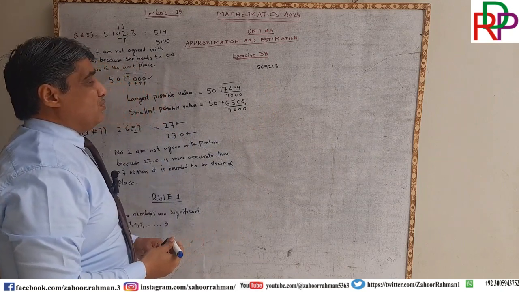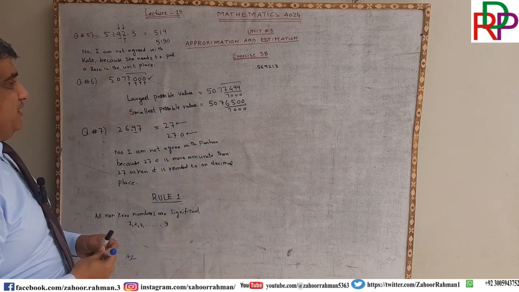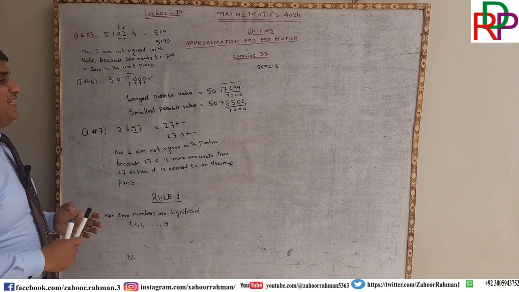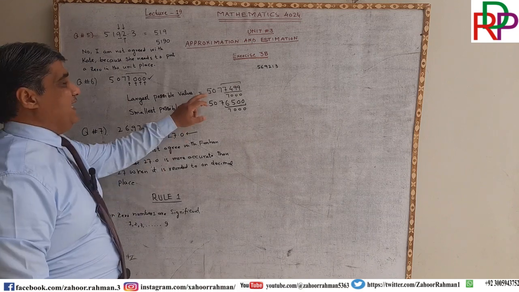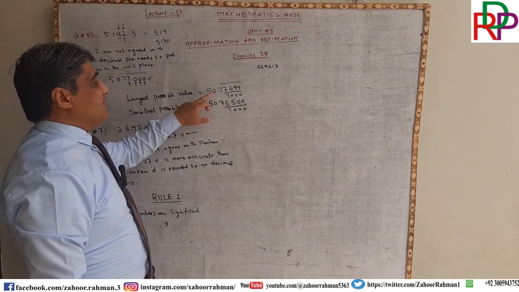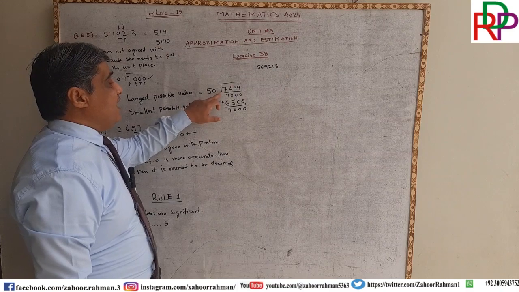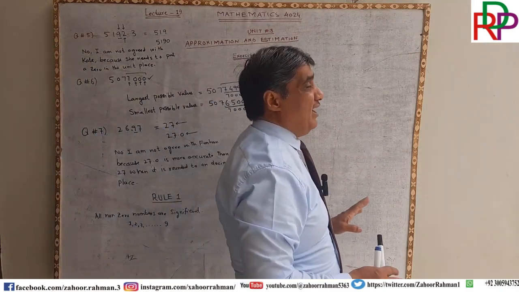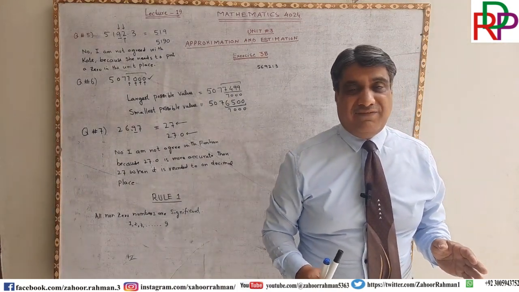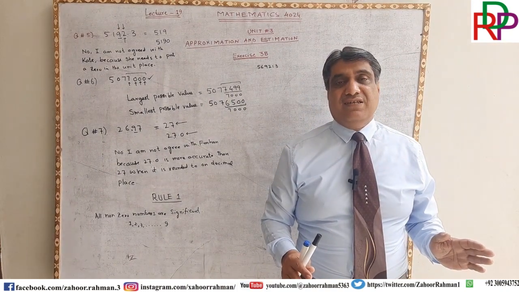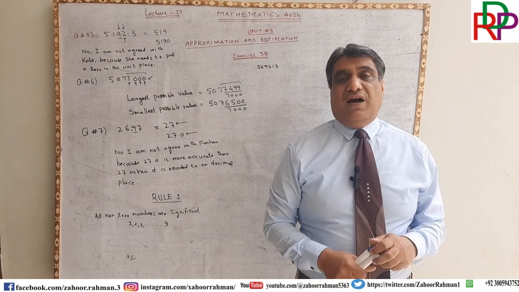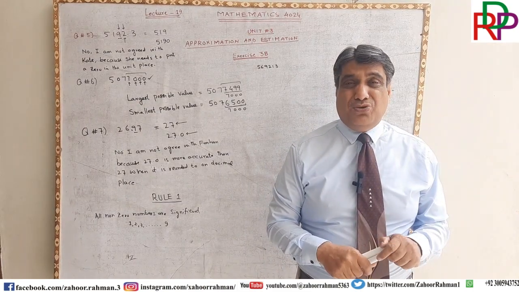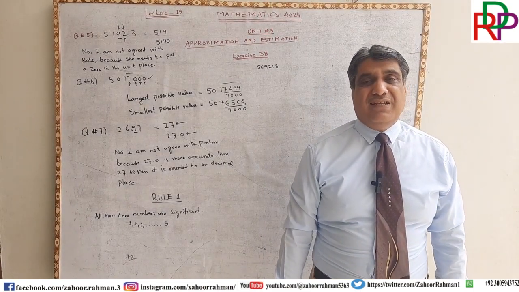Now, what about 0? We will talk about that in a moment. But the first rule is saying that wherever you are finding non-zero numbers, they are significant, meaning they are our interest, meaning that they will change our answer. So you have to give full consideration to those significant numbers.